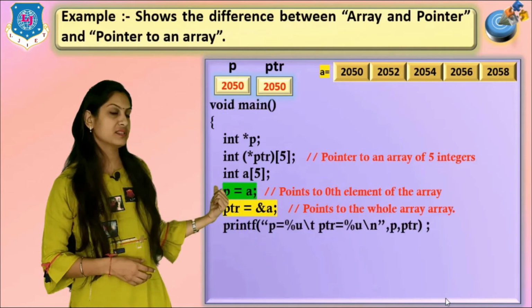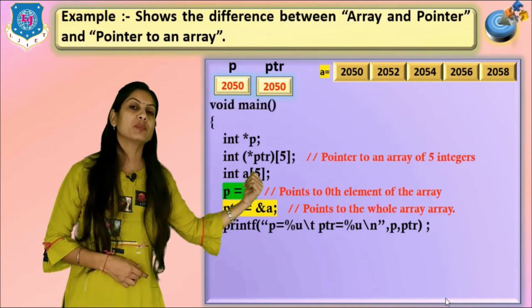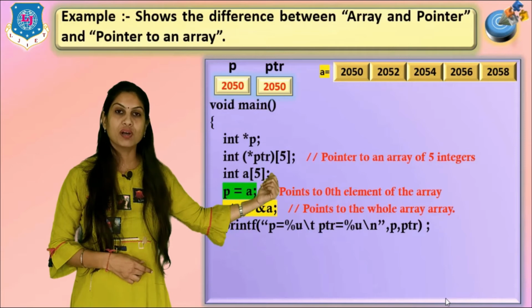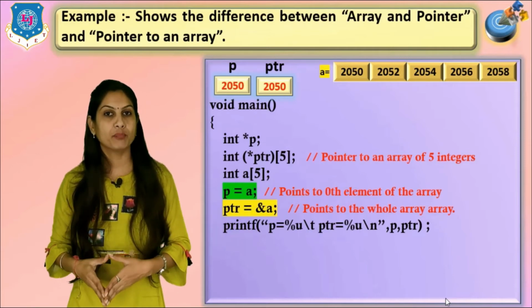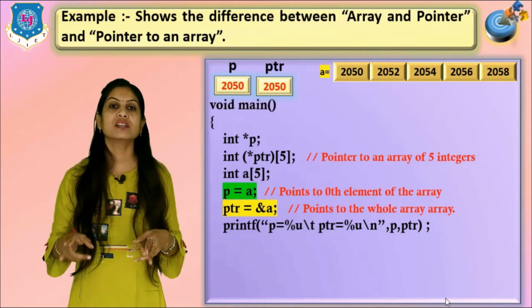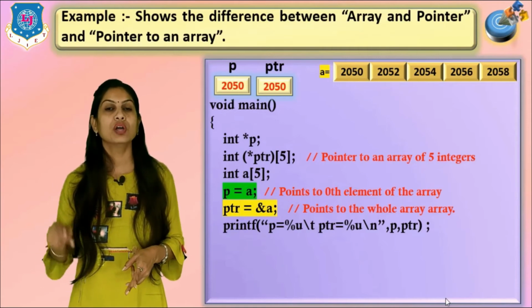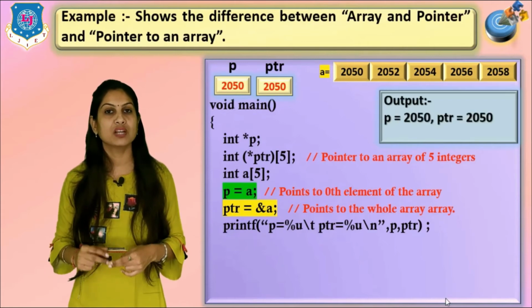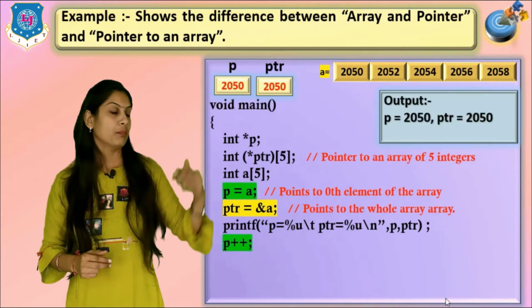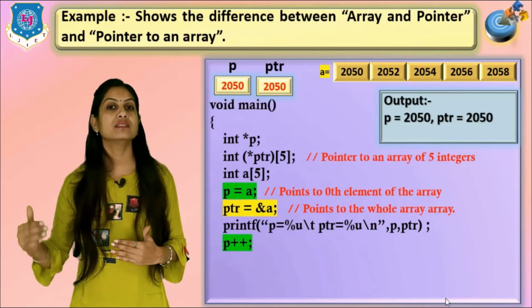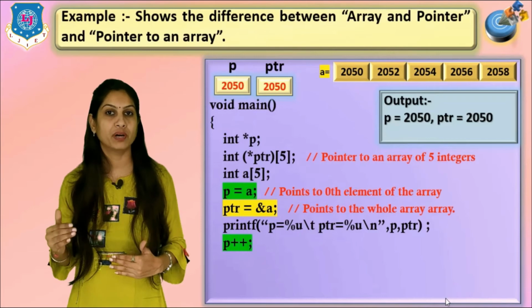Then printf is there with p = %u and ptr = %u, and first value is for p and second value is for ptr. So what happened, both the pointers right now point to the first element of array and both the values are nothing but 2050, clear.